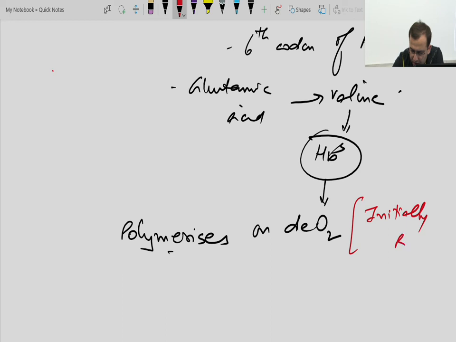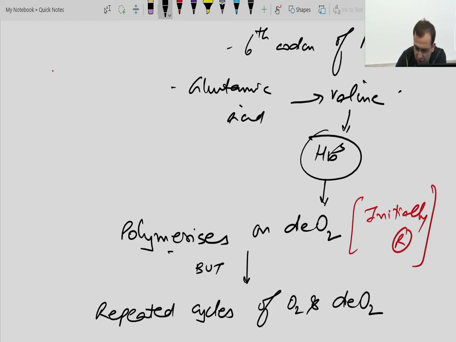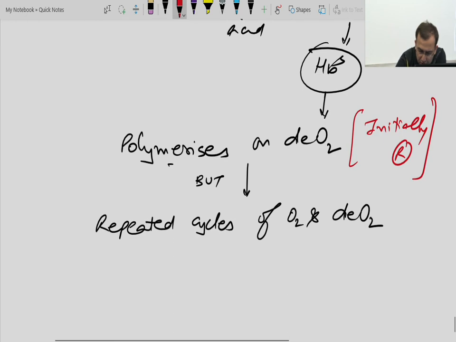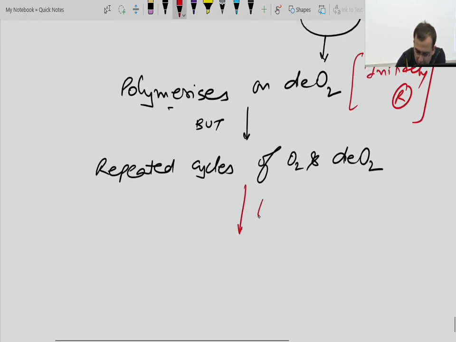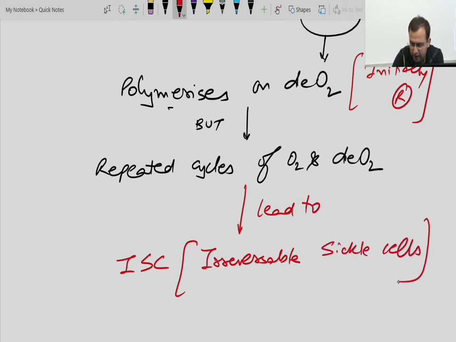Initially this polymerization is reversible, but repeated cycles of oxygenation and deoxygenation lead to the formation of irreversible sickle cells, that is ISCs.